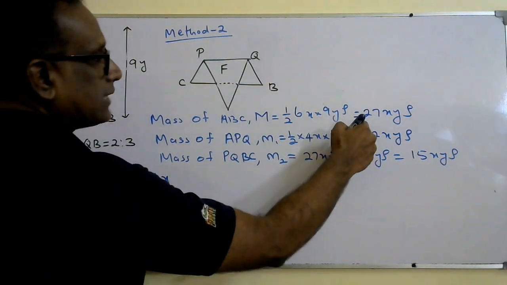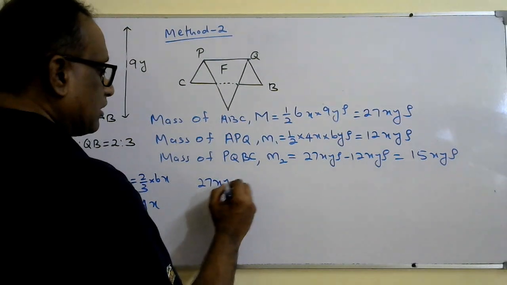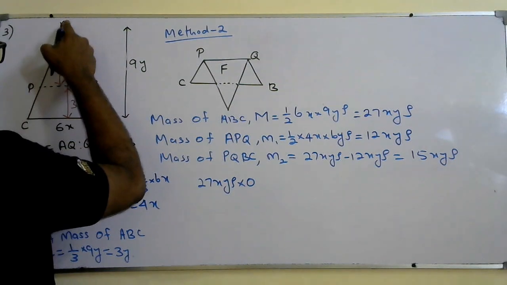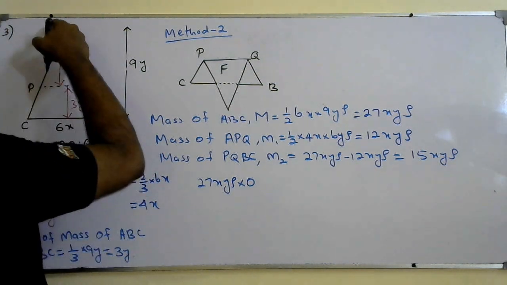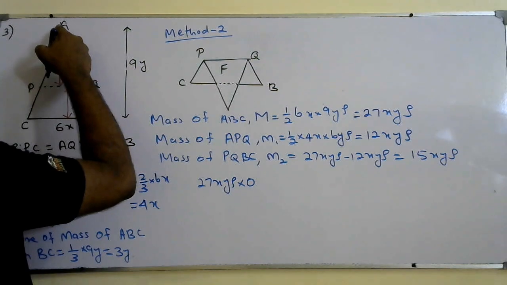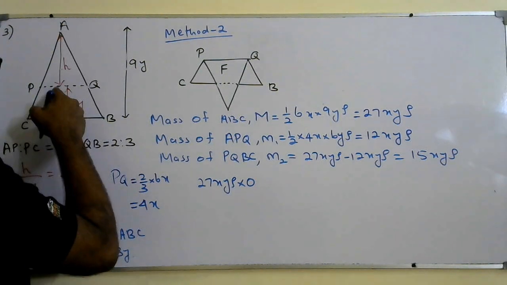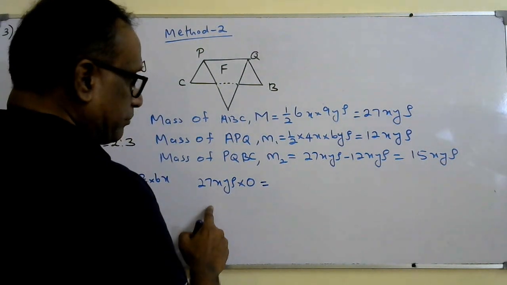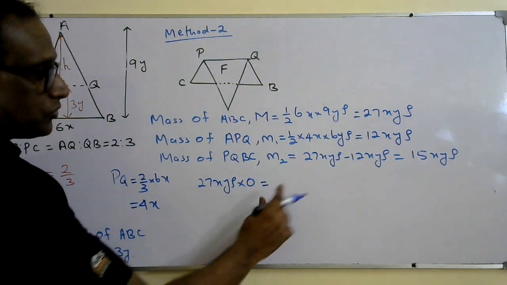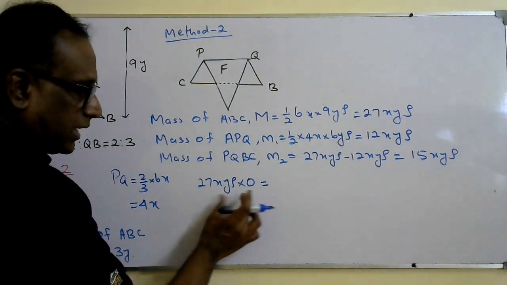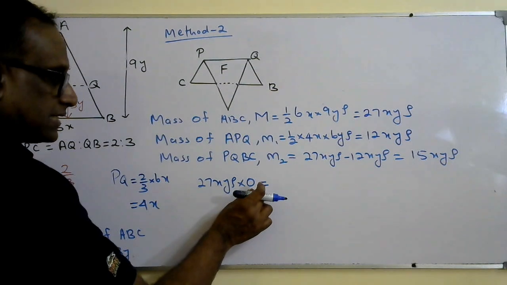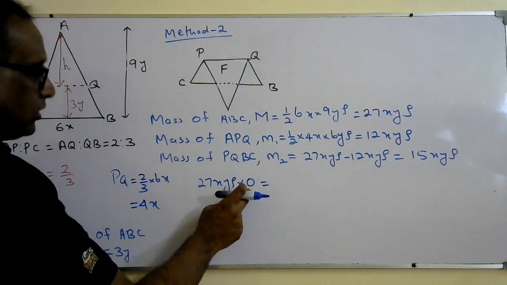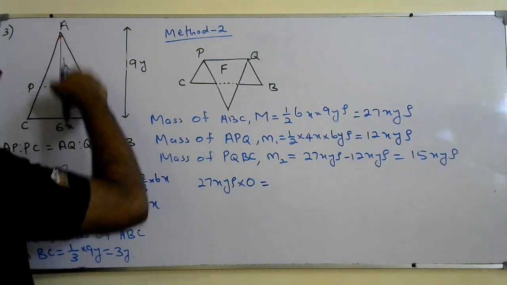When we take that idea, the center of mass of the triangle ABC is at PQ, so the total mass, 27xy rho, into 0. We are finding the center of mass of the trapezium, the triangle AQP and the big triangle ABC, everything from PQ. For the big triangle ABC the center of mass is on PQ, so 0 is equal to sigma mi xi. So that's total mass into center of mass, which is at PQ, distance 0. We'll take downward as positive.